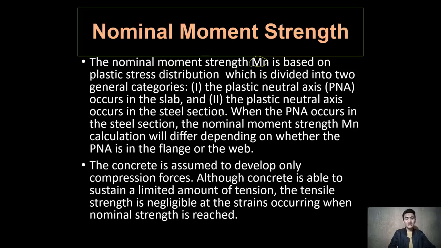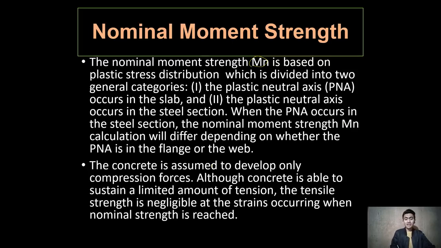Now, there is a condition here. If the plastic neutral axis occurs on the steel section, the nominal moment capacity M sub n calculation will differ depending on whether the PNA or the plastic neutral axis is in the flange or the web.